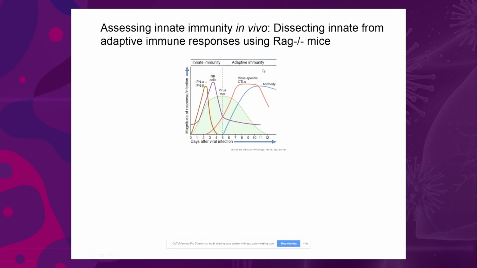However, there is also adaptive immunity that follows. And it's difficult to discriminate between innate and adaptive immune responses, because adaptive immune responses also come and feed back to the innate immune response.